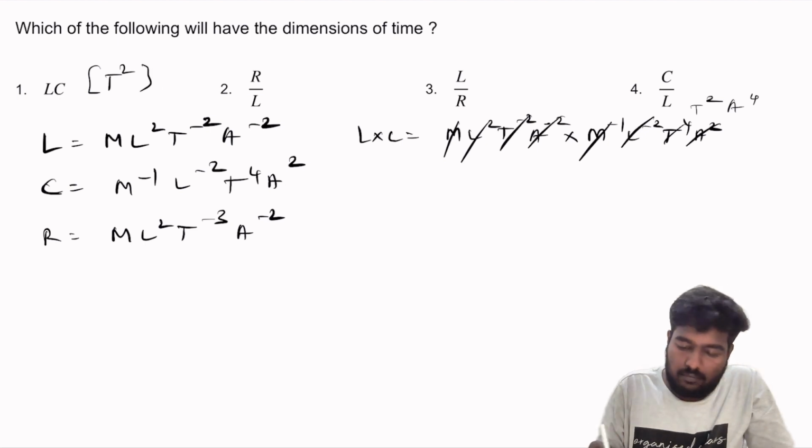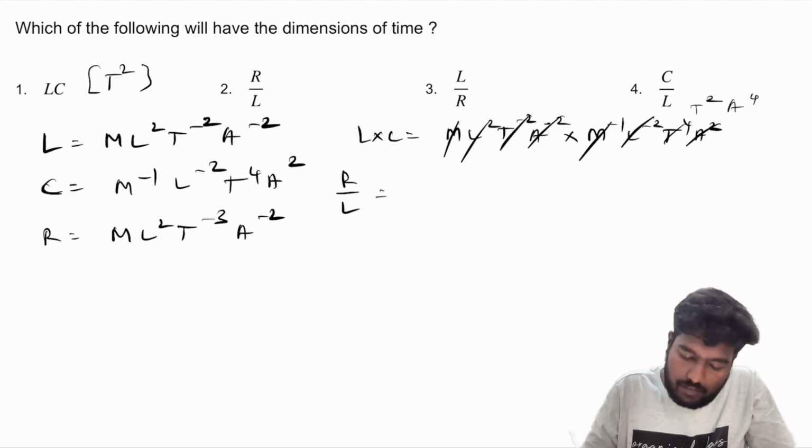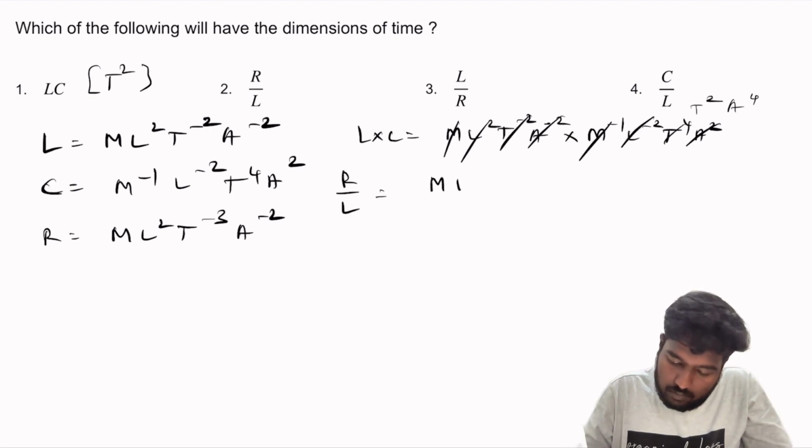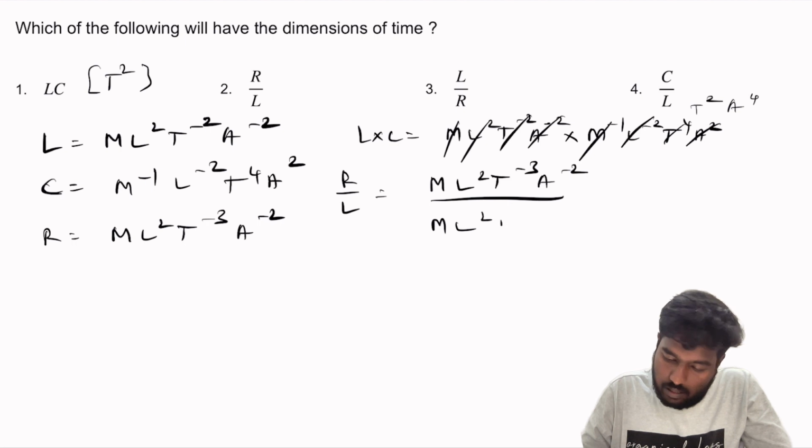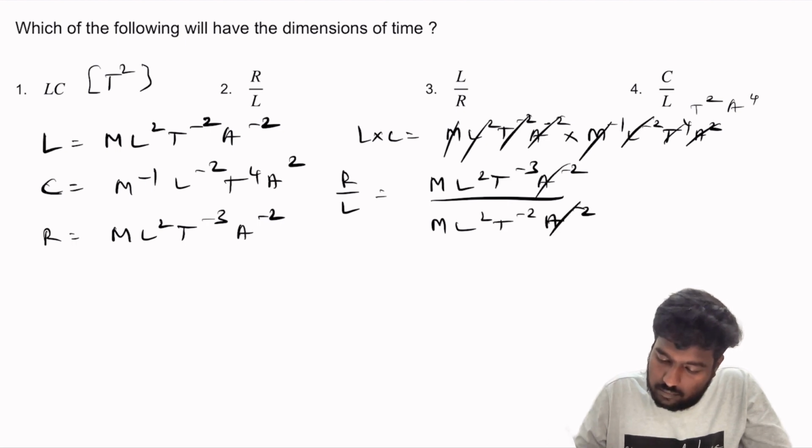Okay. Let's try R divided by L. R divided by L: you will have M L square T power minus 3 A power minus 2 divided by L, which is M L square T power minus 2 A power minus 2. Cancel, cancel, cancel. T power minus 1.